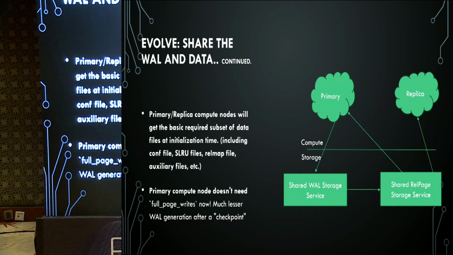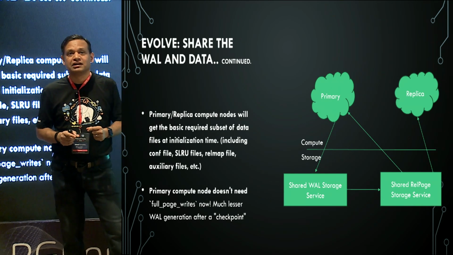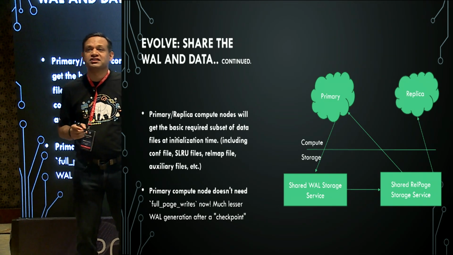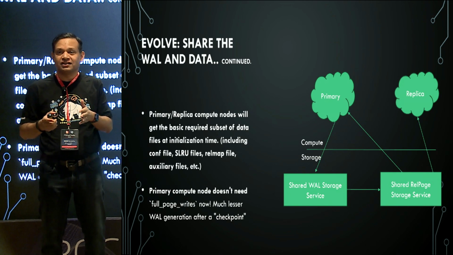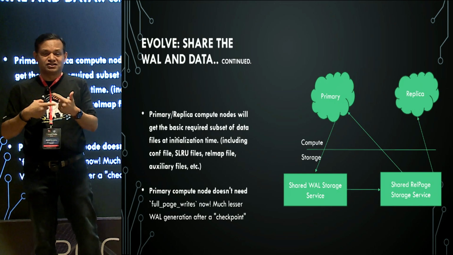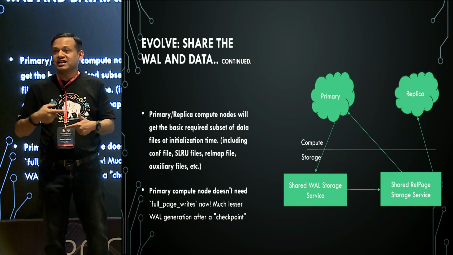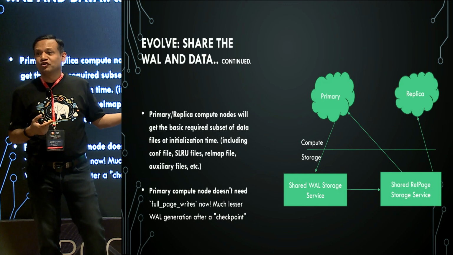And we need to do it because file systems typically have a smaller atomic chunk write size. Recall our pages are 8 KB in size, and traditional file systems can do atomic writes at 512 bytes or 1024 bytes, so a single 8 KB page write needs multiple file system calls, and that's why we get into these issues of torn pages, and that's why we need full page writes.